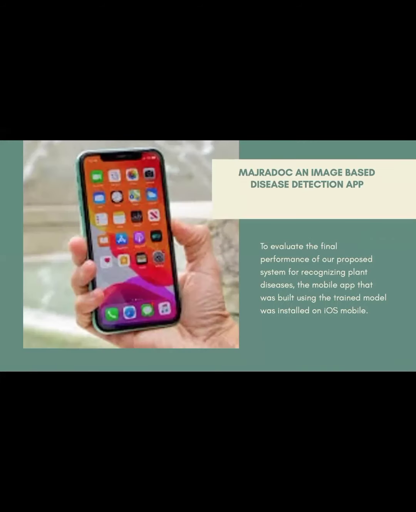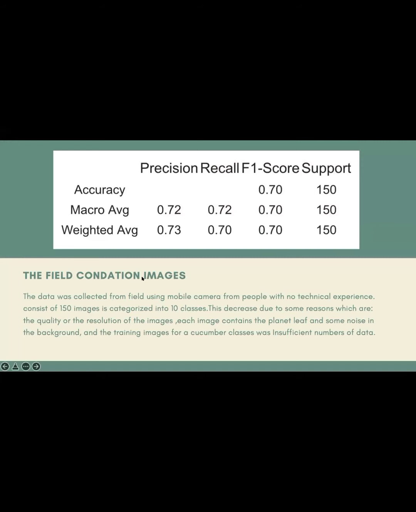So for the field condition images, the data was collected from the field using a mobile camera by people with no technical experience. It consists of 115 images categorized into 10 classes. This decreased for some reasons, which we think are the quality and resolution of the image, and that each image contains the plant leaf plus some noise in the background.